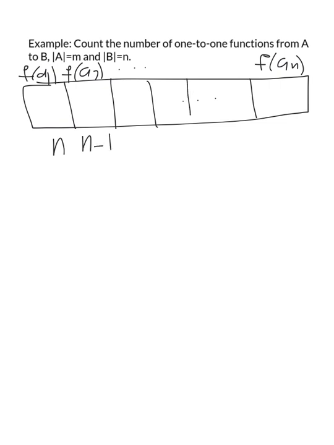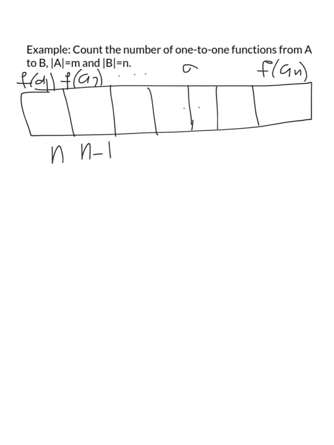In some typical cell here, the k-th cell, f of ak can be any member of B other than those already covered by the images of the first k-1 elements of A by that particular function.